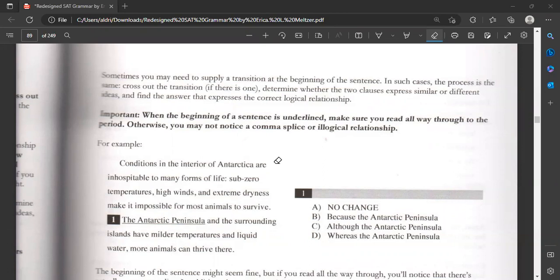We remove C because C would be contradicting itself, right? You can't say, although the Antarctic Peninsula has better temperatures or conditions, more animals can thrive there. That doesn't make sense. We know that many animals can thrive there because of those same conditions, right? So C is wrong, right? Everyone's okay? Yeah. Okay.